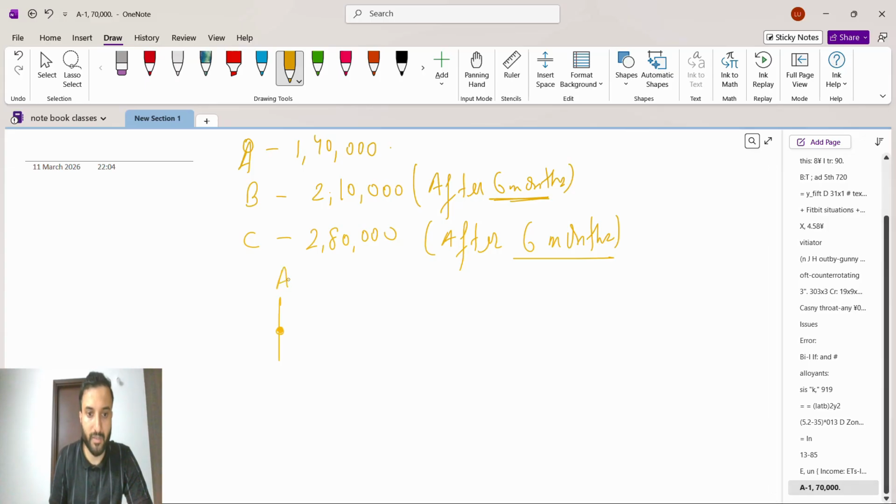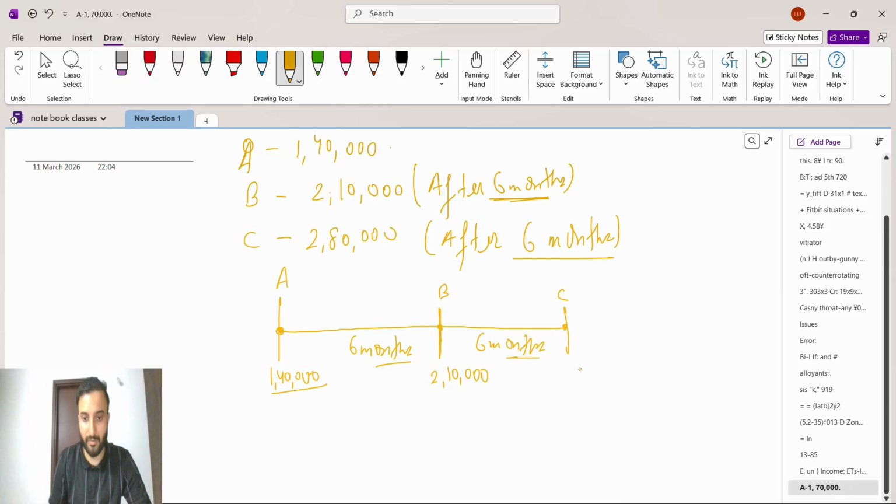A started the business and A put in 1,40,000. The business continued by A for 6 months. After 6 months B joined, and B gave 2,10,000. From here, again after 6 months C joined, and C gave 2,80,000.